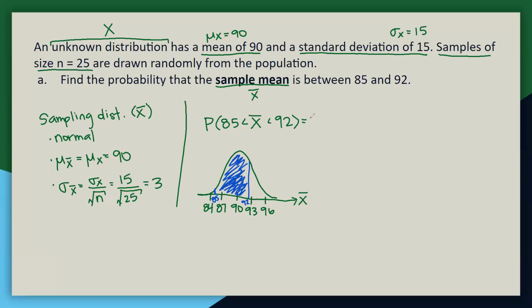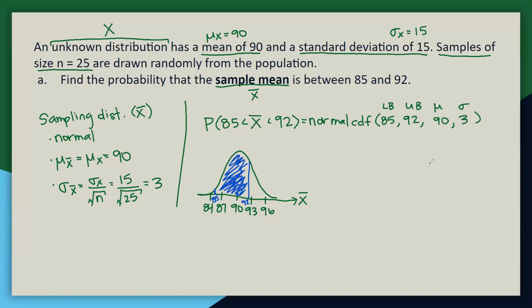On a TI-84, we know we call normal CDF. And normal CDF looks for 4 things: the lower bound of the shaded area, the upper bound, the mean, and the standard deviation. So for us, lower bound is 85, upper bound is 92, our mean is 90, and our standard deviation for our sampling distribution is 3.